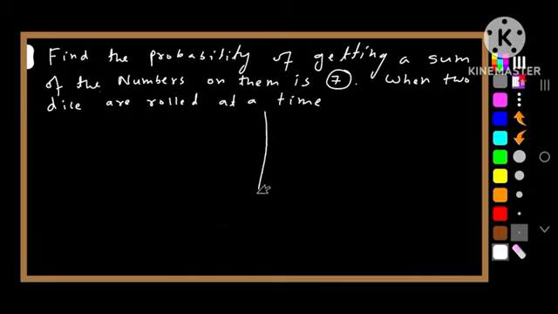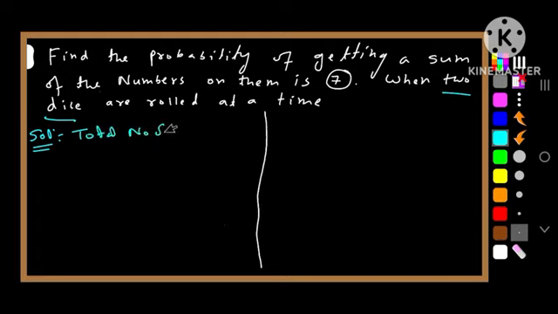So this is the question. First of all, you have to understand the question. Here two dice are being rolled. In the previous question there was only one dice, but here we are rolling two dice. That means the numbers will be in pairs. First of all, you have to find the total number of outcomes.